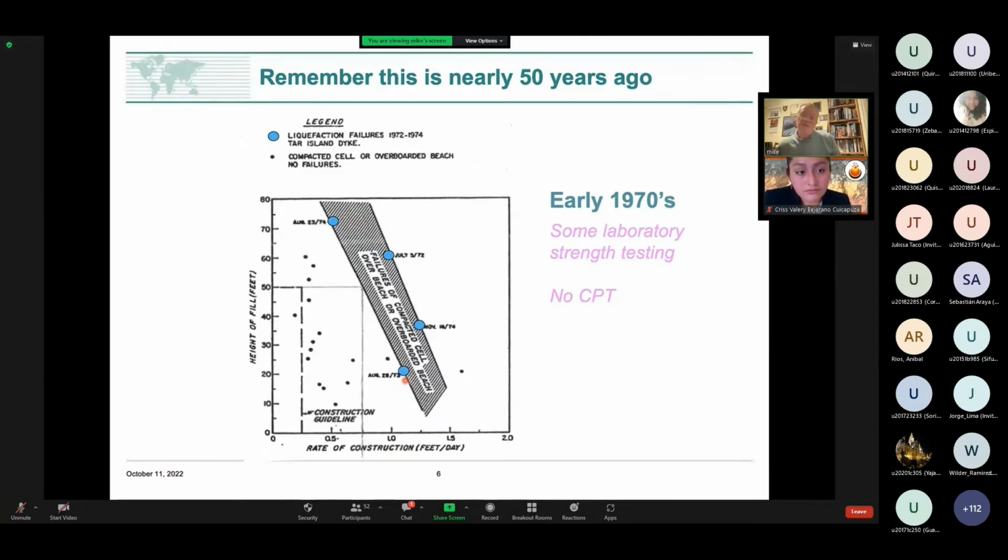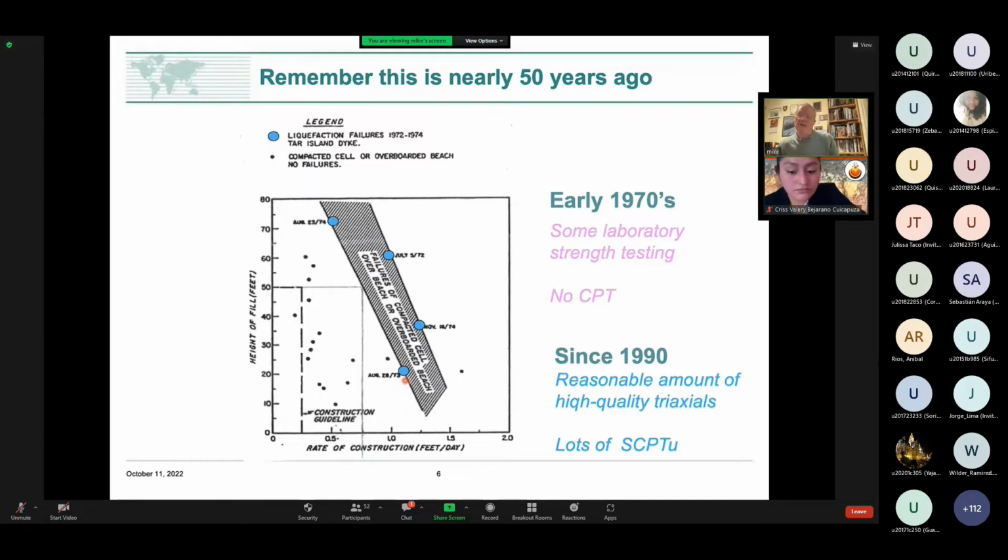And as time has gone on, we've included quite a lot of high quality triaxial testing, and we've included lots of seismic CPTs. And we've actually got some pressure meters. So what we have is a case history, which is reasonably well documented, which is missing some of the data, but we place the same sands with the same methodology that they established in the subsequent 40 years.